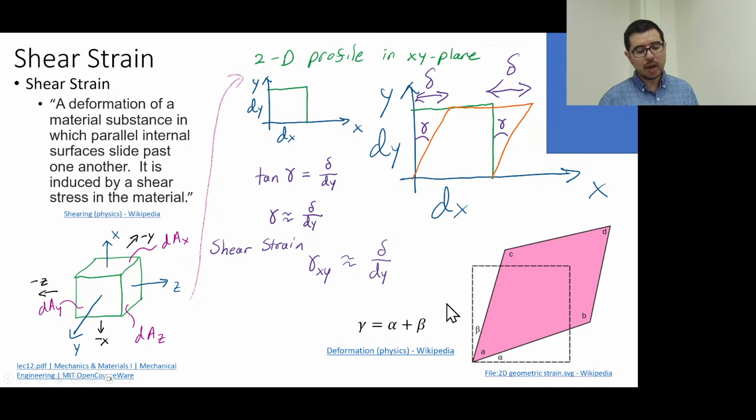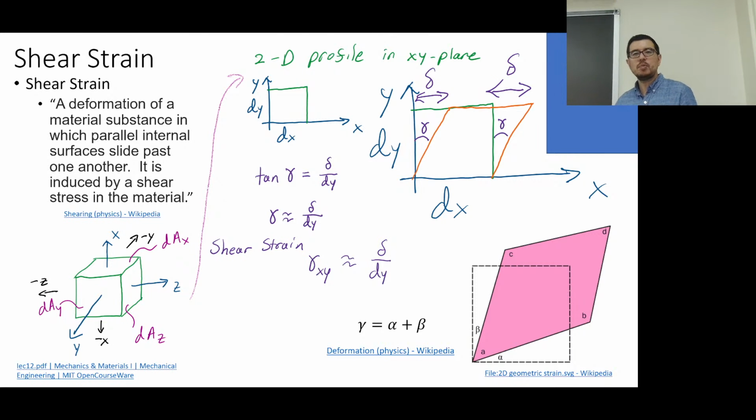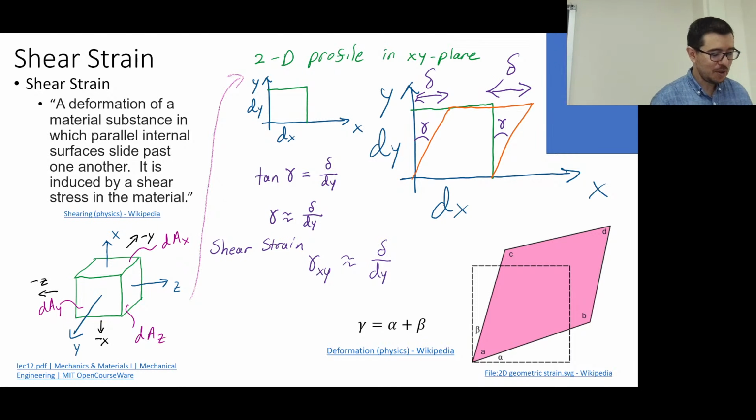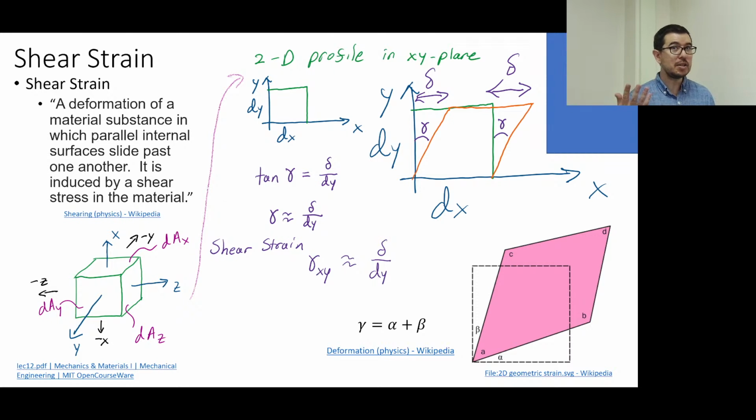Or you do pi over 2 minus this internal angle in the pink to figure it out, okay? Don't worry, you're not going to have to really do this. I mean, we need to know what these strains are, but in practice, we're going to pretty much just use Mohr's circle, and remember what these bits mean in this general sense.